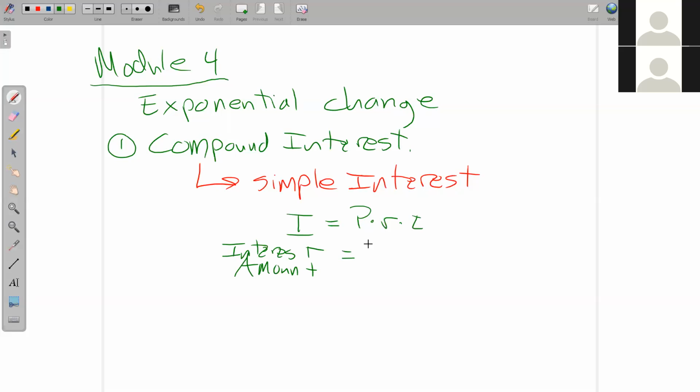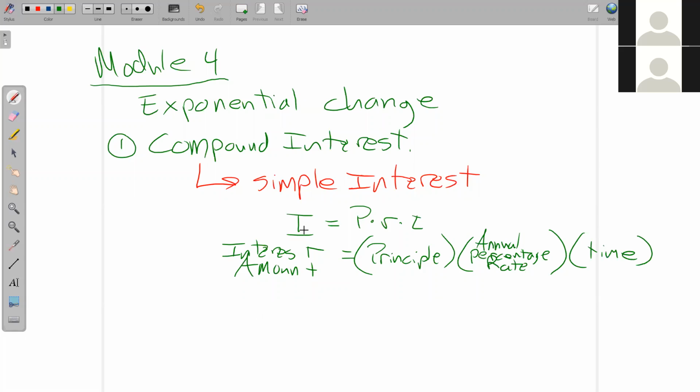We get that interest amount by taking some starting investment, usually called the principal or present value, and multiplying that principal by a rate, often an annual percentage rate, and then by some amount of time that goes by. So this is my I equals PRT.